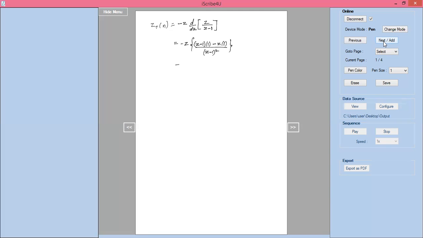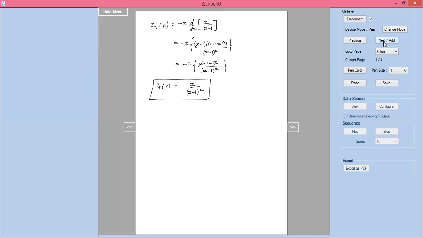Now we take minus Z into Z minus 1 minus Z divided by Z minus 1 whole square. Z minus Z cancelled. If you multiply minus and minus 1, you will get Z transform of n equal to Z divided by Z minus 1 whole square, which is the required solution.